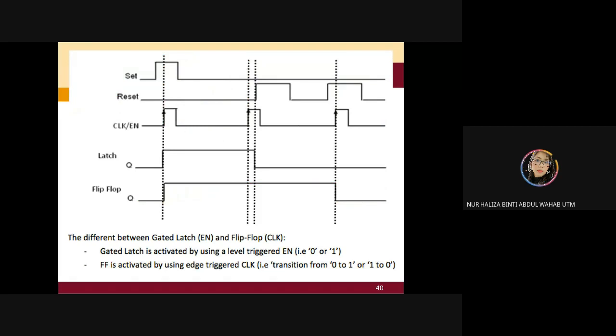So although you have similar input, similar for your clock and S, R, your output will be different for latch and flip-flop, because N will be covered for 1 here. So any changes at this column will be considered and change anything here.